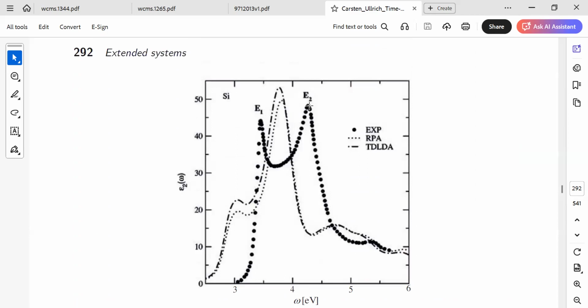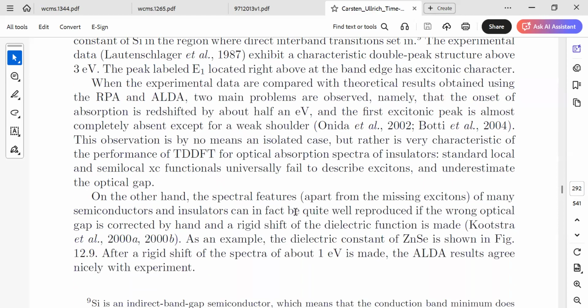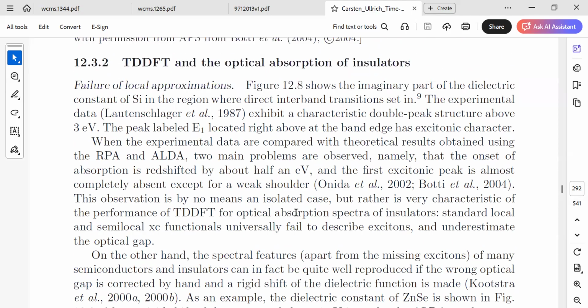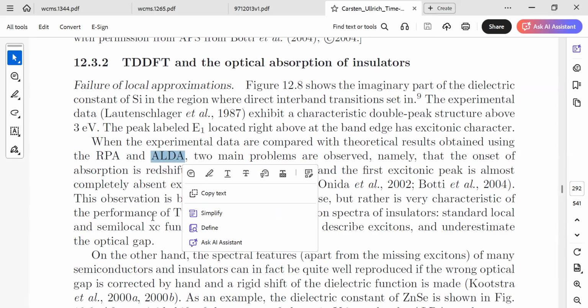The actual peak should be here, but it is shifted toward this. Also in this spectrum, there is no second peak, except a shoulder. It is not a peak. So this is the problem with the theoretically calculated excitation spectrum based on random phase approximation as well as ALDA.